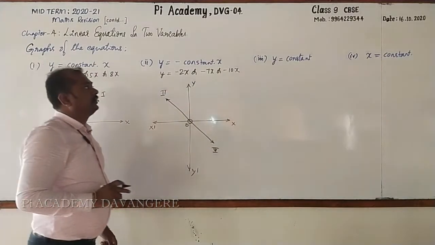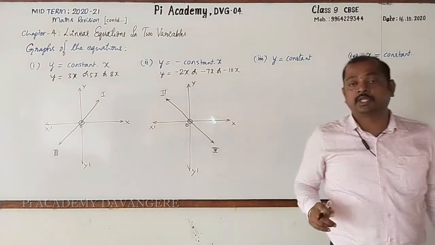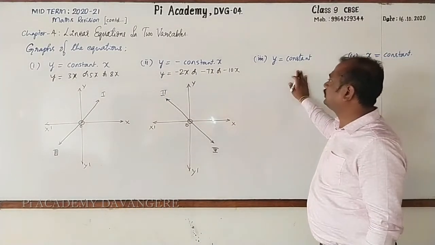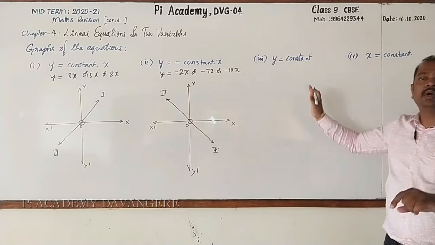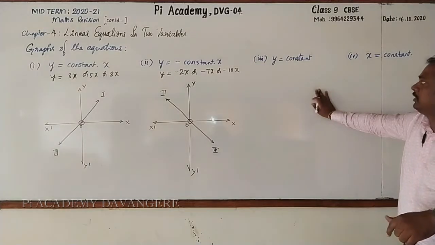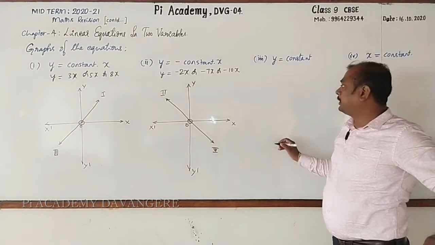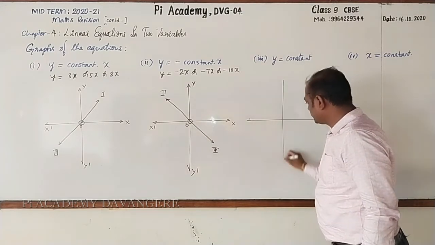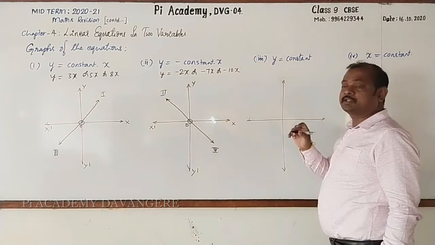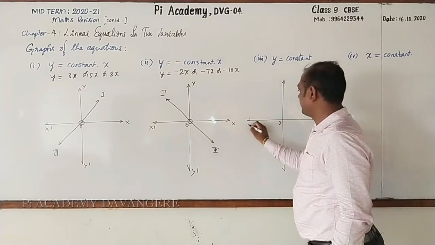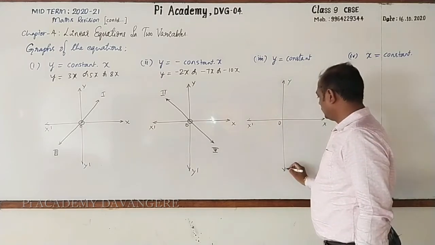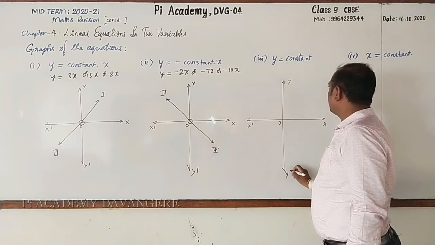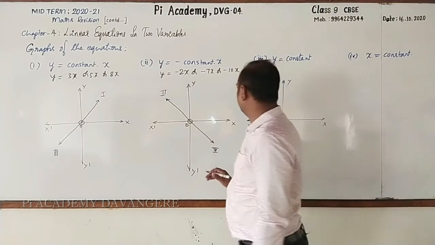Followed? Next, third, y equal to just a constant, no other variable is there. Then do remember, the graph of this equation will also be a straight line, but this will not pass through the origin.